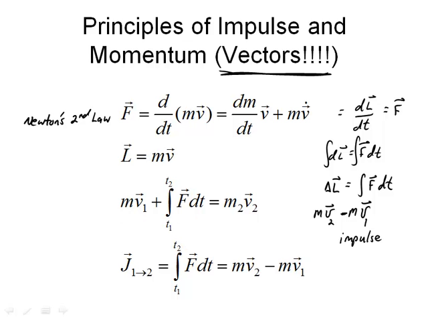Now, a couple of interesting examples of the whole idea of impulse. Let's assume for a minute you jump off the table. Just before you hit the floor, you have some initial velocity. A little bit later, after you've struck the floor, your velocity is 0.